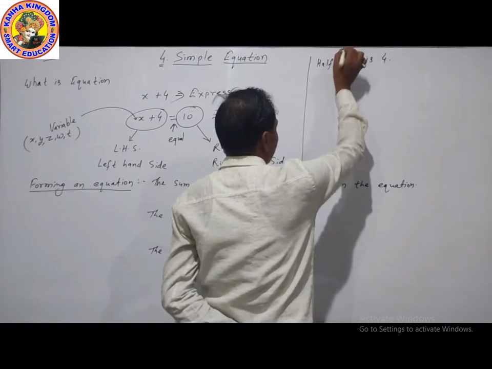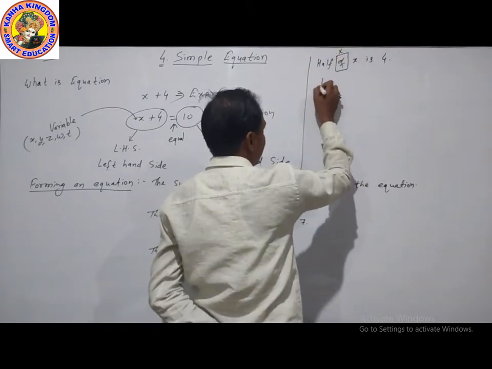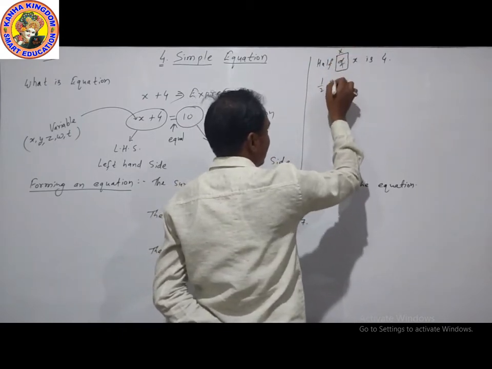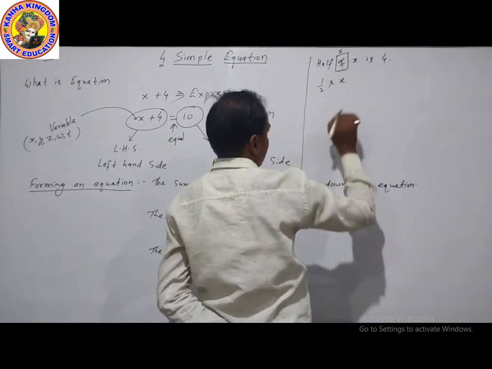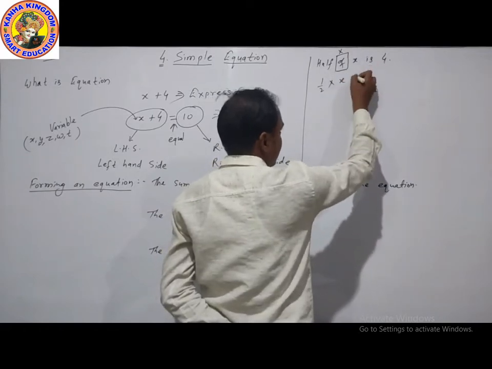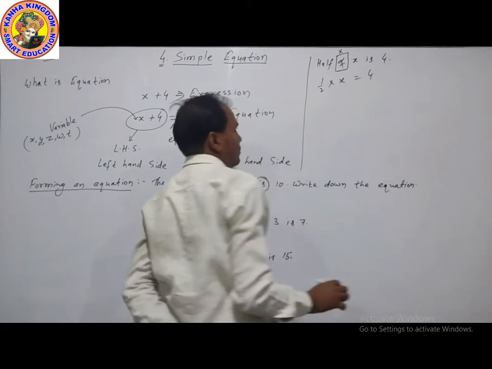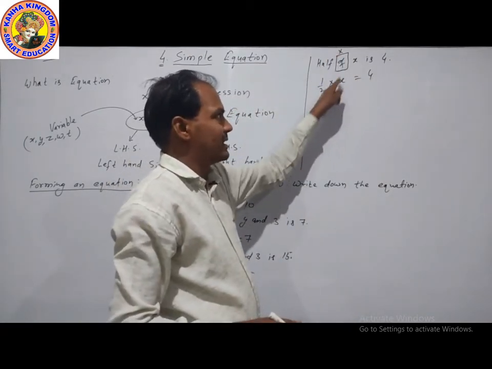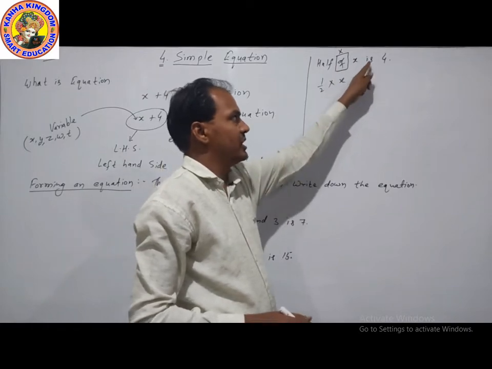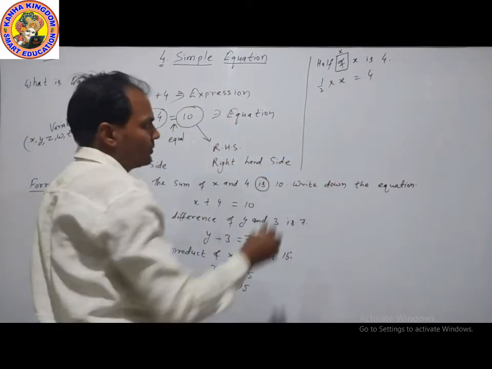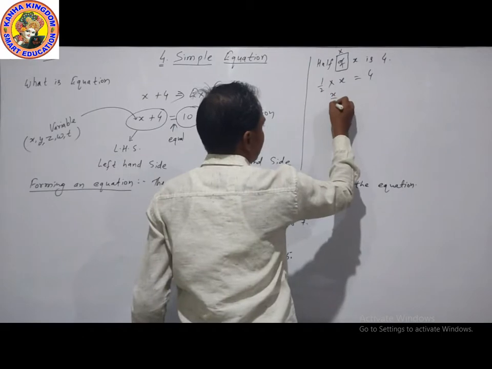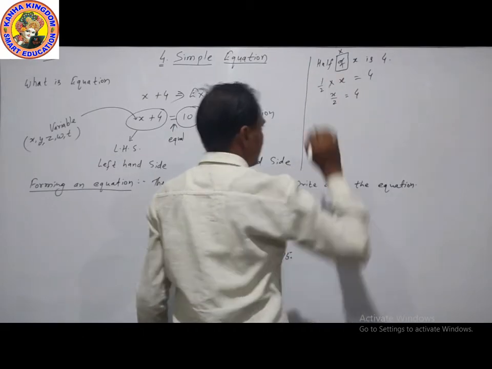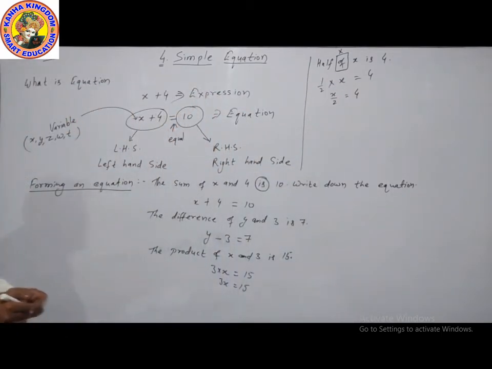Of means multiplication. Half means 1 by 2. Of means multiplication, then x is equal to 4, meaning x by 2 is equal to 4. This is our equation.